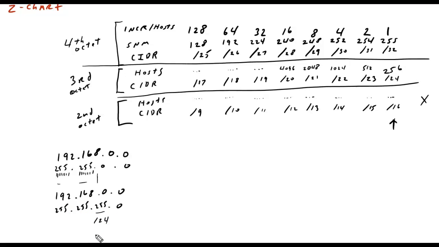So I can use either one, but if I look here, I can see /24 is right here, or I can say that that is 255. Remember, this one up here is the only one that represents the subnet mask here. 255 in the third octet, like that. All right, so /24 or 255 in the third octet.